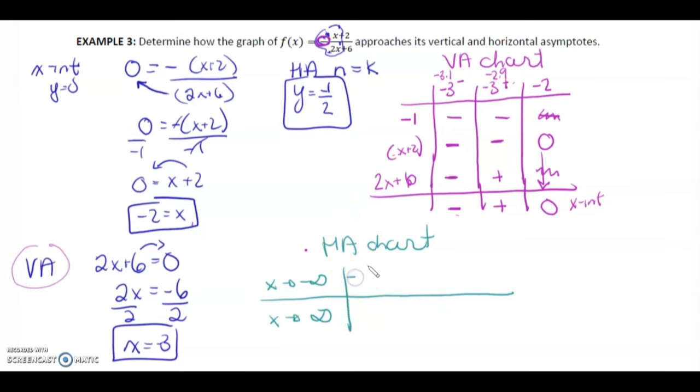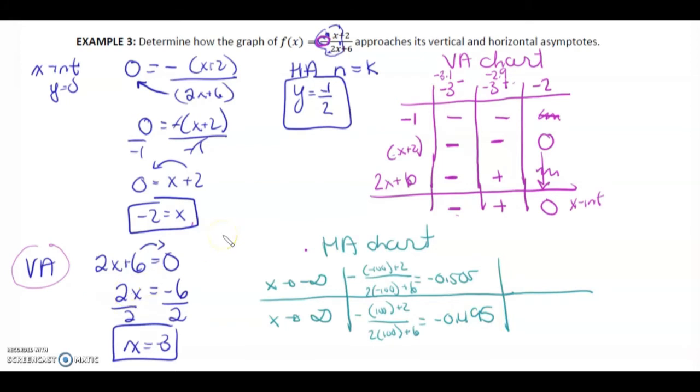So we have negative of -100 plus 2 over 2 times -100 plus 6. And we get -0.505. Okay, and then we're going to sub in positive infinity, but we're going to sub in 100 as just like a positive infinity, as in like a really big number. Okay, and we get -4.95.